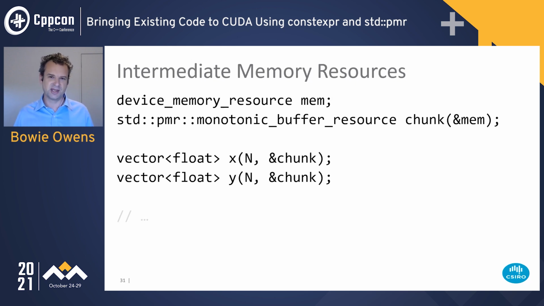The bookkeeping information is usually placed in memory that is allocated by the upstream memory resource. So in this case, our monotonic buffer resource chunk is going to keep its bookkeeping information in memory allocated by the device memory resource. And so again, when the CPU touches this memory, the program will fail.